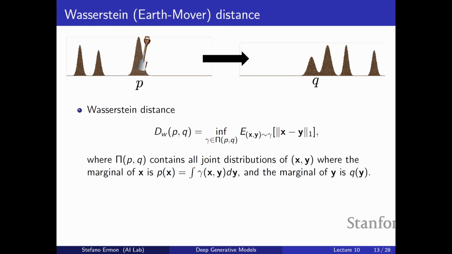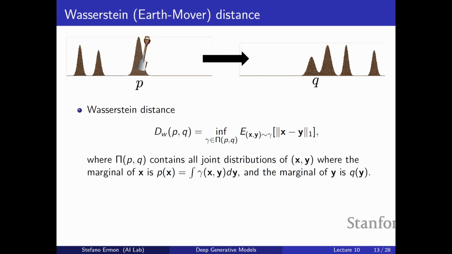And the way to mathematically write down this intuition of looking at the cost of transporting earth from configuration P to configuration Q is to set up an optimization problem, which looks like this. So the Wasserstein distance between P and Q is going to be this infimum, which you can think of as the minimum, basically.